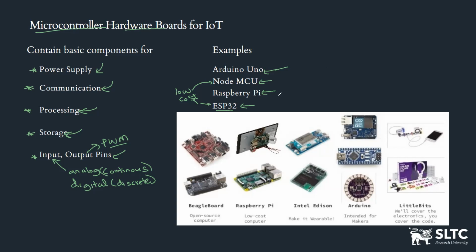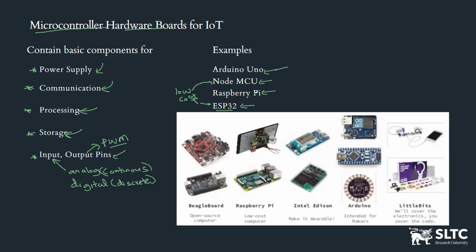The Raspberry Pi has more processing ability, so it can even run artificial intelligence algorithms, such as neural networks and machine learning algorithms, because it has the ability to store large amounts of data and also process large amounts of data with considerable efficiency on the board itself.